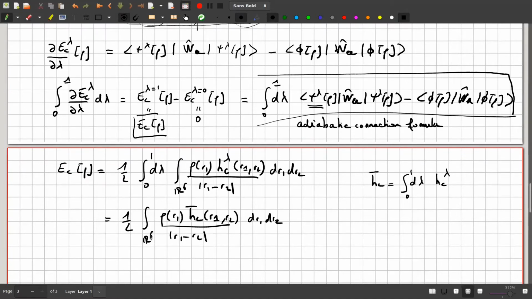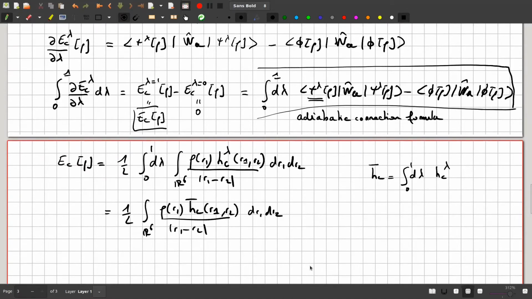And so again, you find a useful expression for the energy density of the correlation functional. So again, you can write this as an integral over R3 of a quantity that you call small e_c, which is a functional of rho, because the correlation energy is a complicated functional of rho at R1.